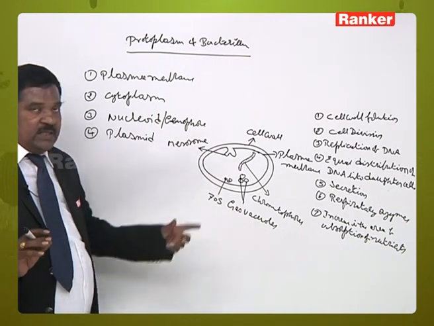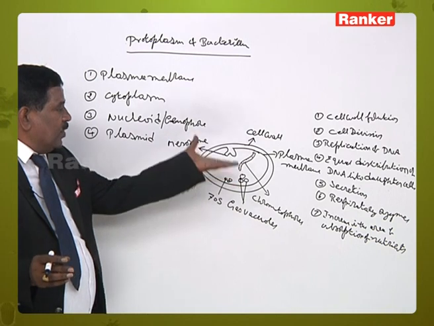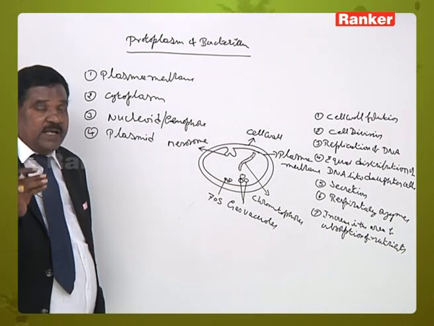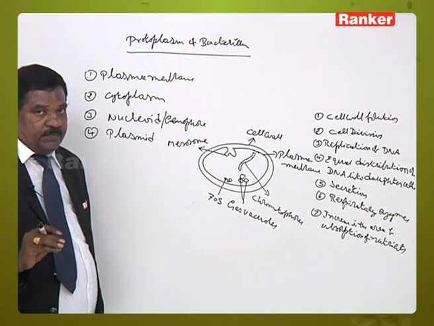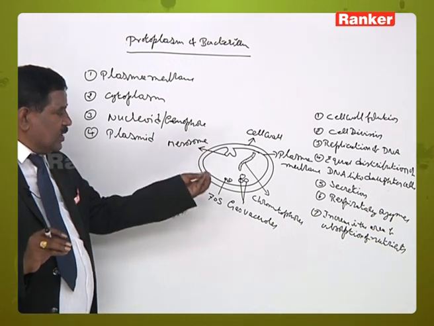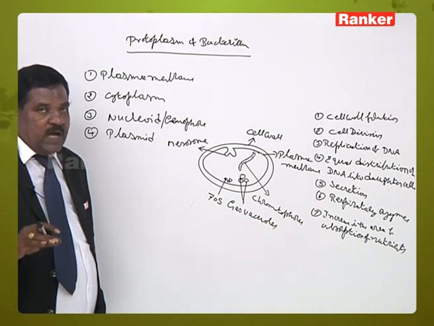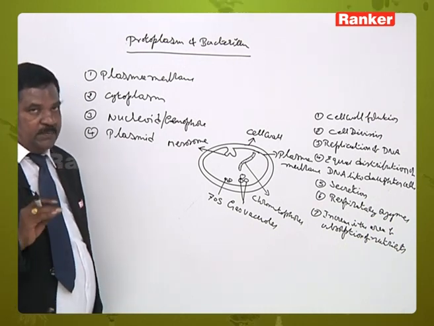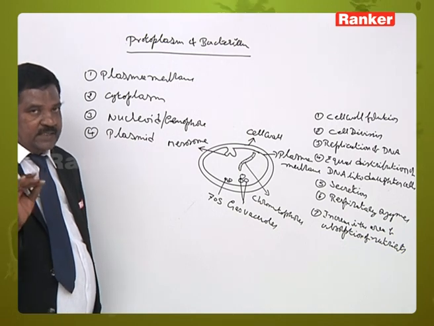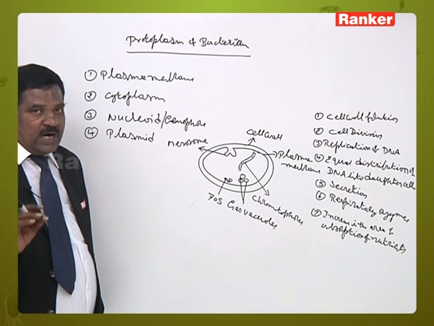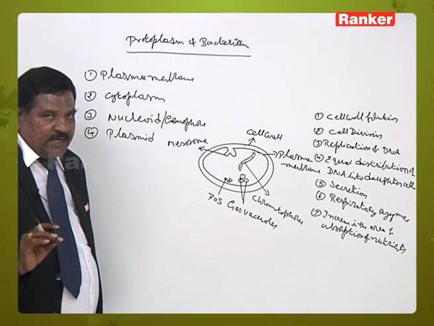When they are filled with air, they help the bacterium float on the surface of water or nearer to the surface of water for getting sunlight. So, gas vacuoles are present in aquatic photosynthetic bacteria only.